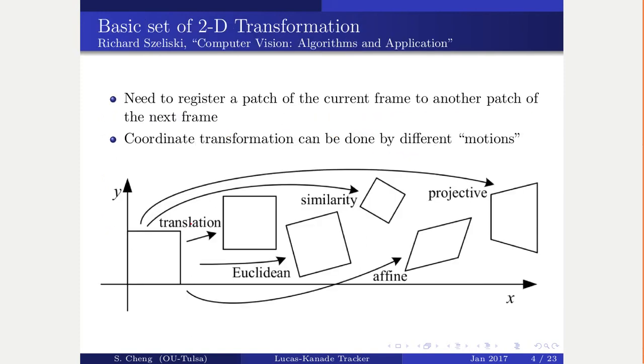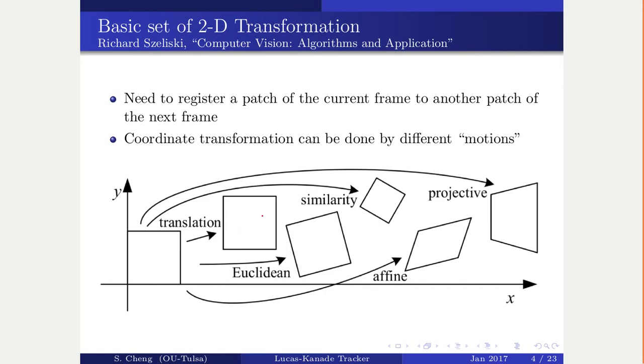So the key step of the Lucas-Kanade algorithm is to find the mapping of a patch in the current frame to another patch in the next frame. So it's really just a registration problem. And there's lots of flexibility in what choice of motion we can pick, or what choice of registration we can pick here. So we can have translation, a simple translation transform.